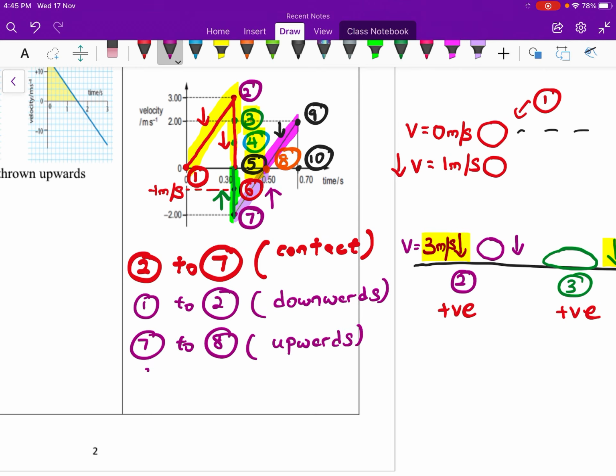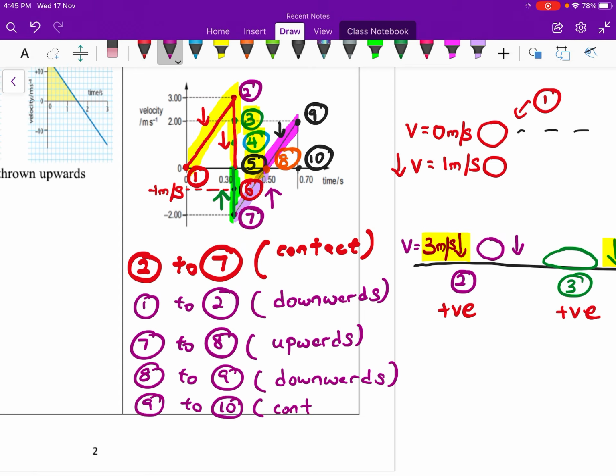Point number 8 to point number 9 is moving downwards. After that, point number 9 to 10 is in contact with the ground. So this is how the velocity of a bouncing rubber ball changes over time.